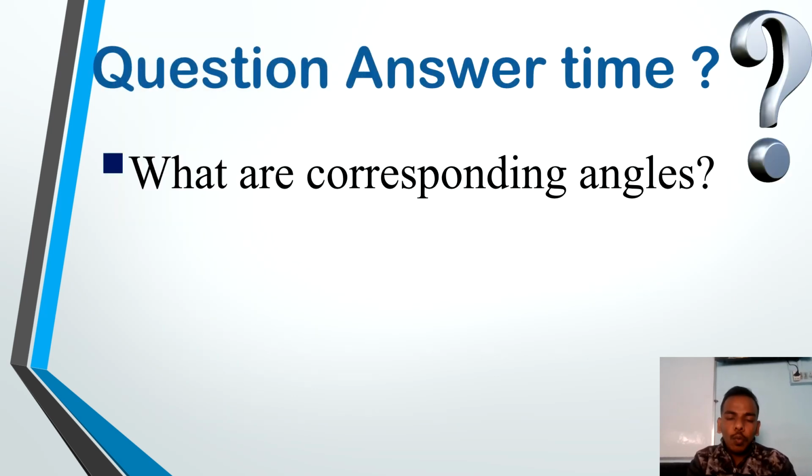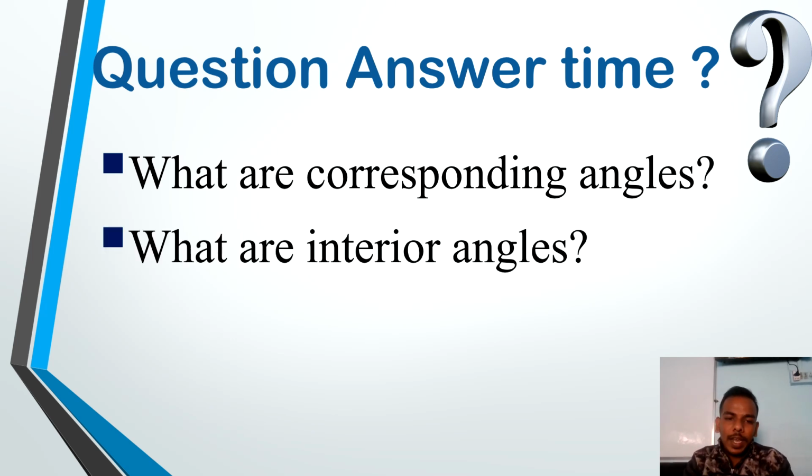What do you mean by corresponding angles? The angles which are in the same position on the first line and the second line, made by the transversal, are called corresponding angles. What are interior angles?